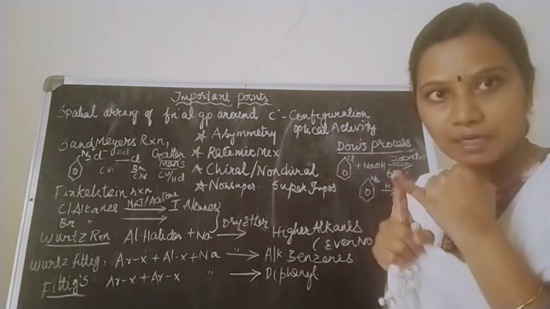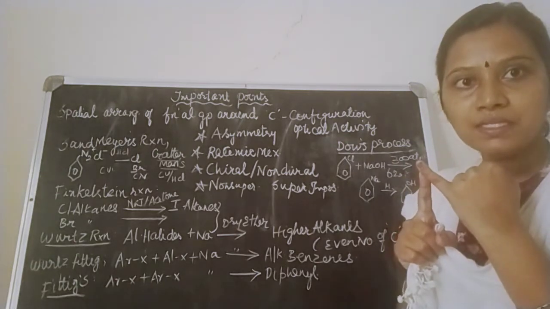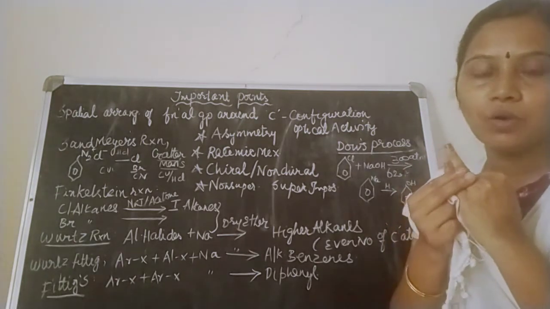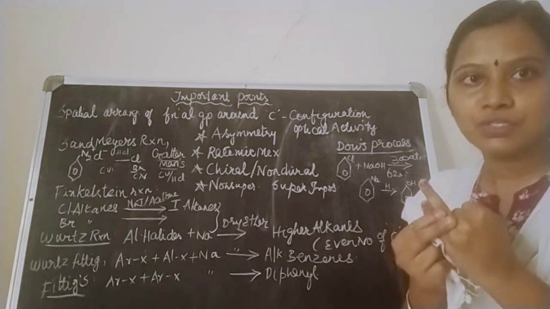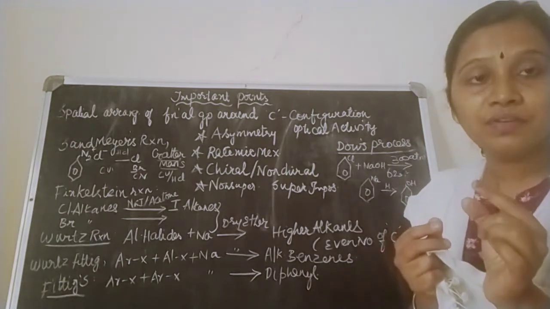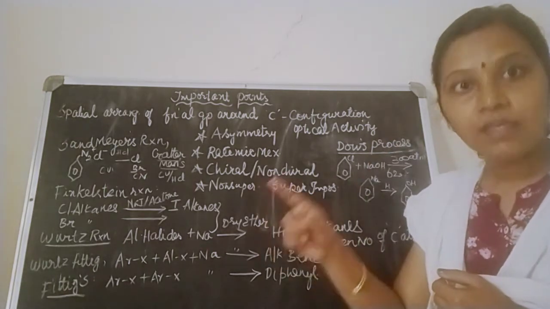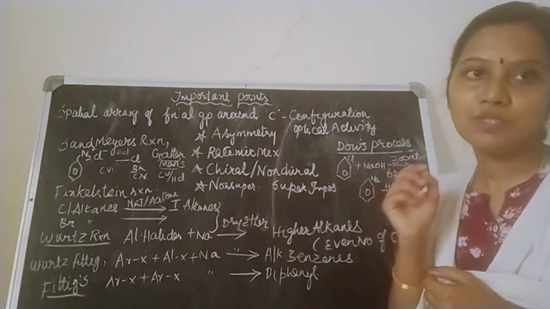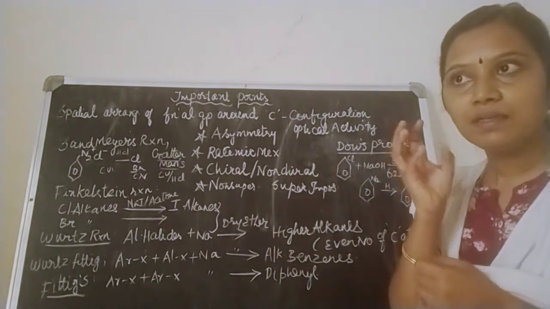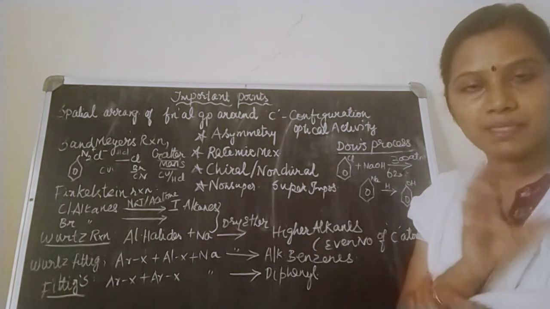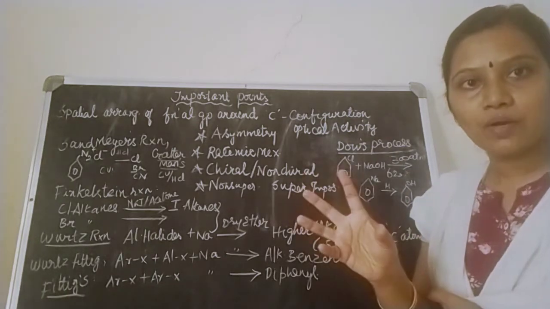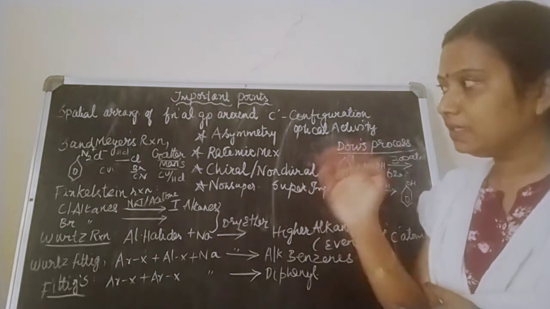We have seen Sandmeyer's reaction and Gattermann's reaction, which are one and the same. Even the reactant and the product are the same. What is the difference? Instead of copper chloride, for Gattermann reaction I will use only copper. The reactant is benzene diazonium salt. The products are chlorobenzene, bromobenzene, etc.